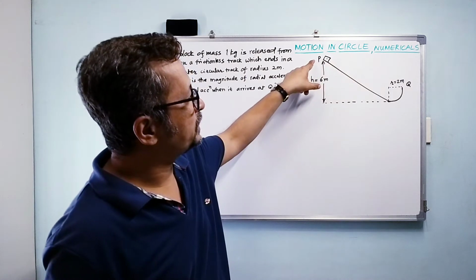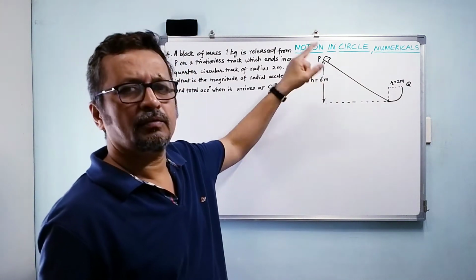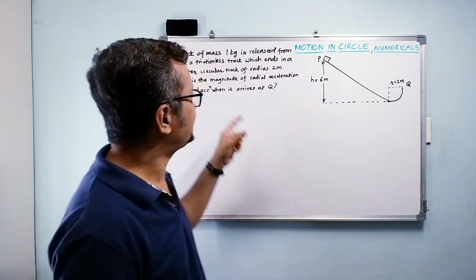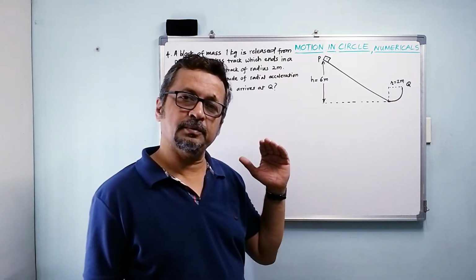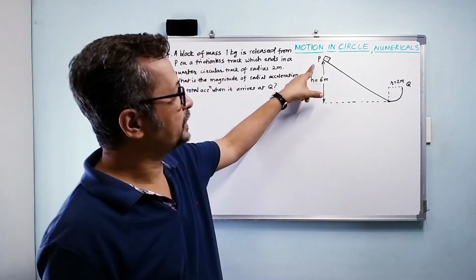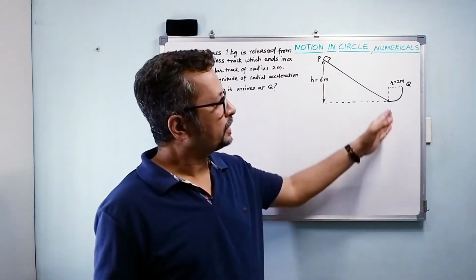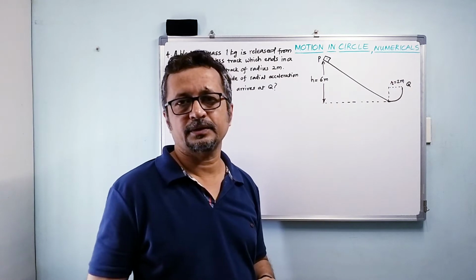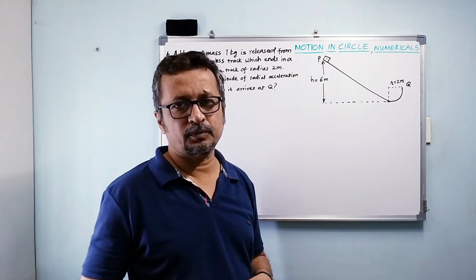Whatever is the potential energy at this point, what about kinetic energy? Initial kinetic energy is 0. They have said it is frictionless, correct? So whatever is the potential energy at point P is going to get converted into kinetic energy and total energy at point Q. Do we know the velocity at point Q?